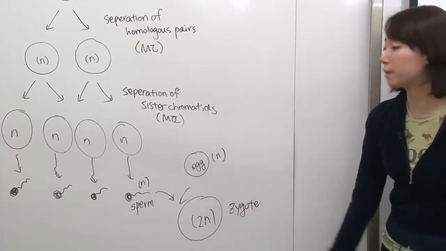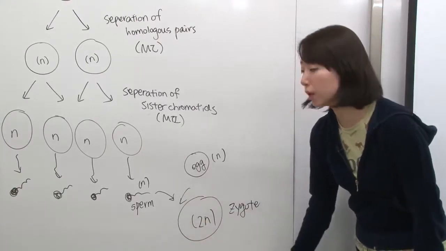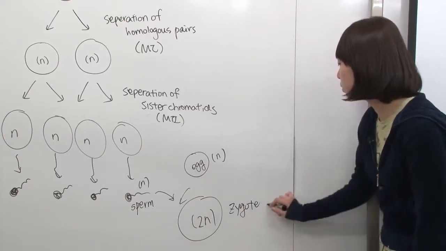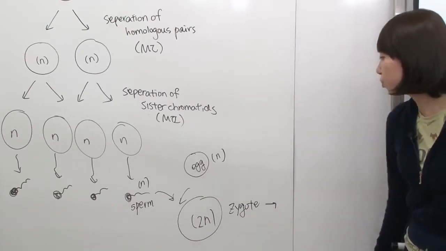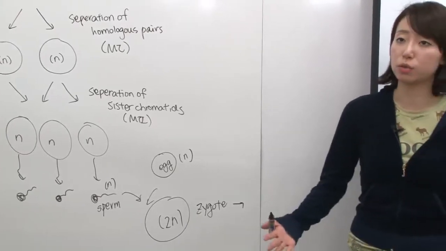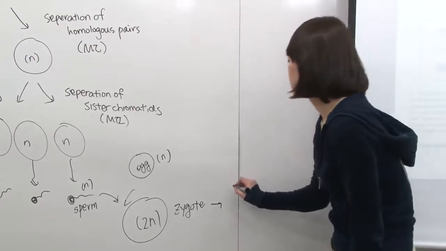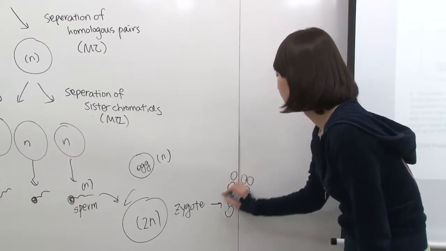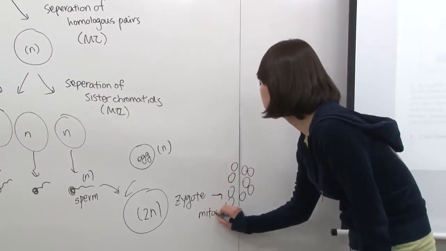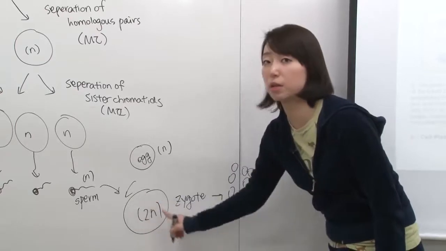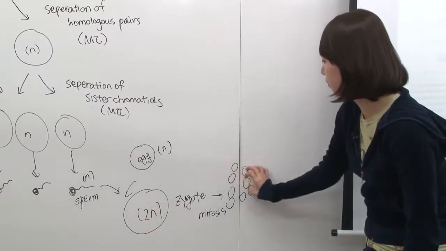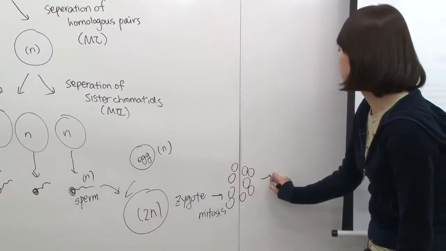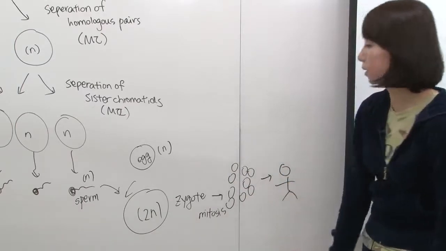Okay? And if the zygote actually forms, then this goes through mitosis again to become a multicellular organism, which is going to be the embryo. So this is going to go through mitosis again. So the exact same DNA information is dividing up like this, and then it's going to become a baby like this.